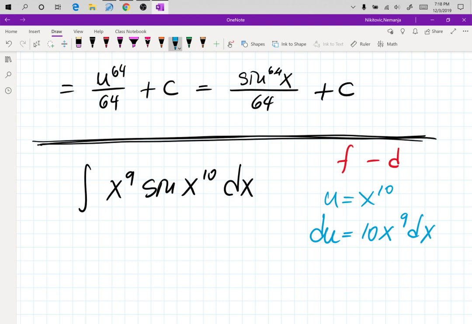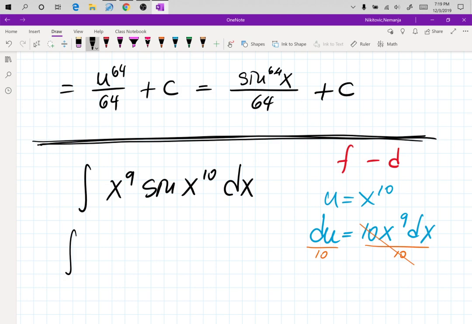I don't have a 10. Well, yes, you can put 10 and 1/10 on the other side, or you can divide both sides by 10, and you see that you can replace your x to the 9 dx with du over 10. So whatever makes you happy.